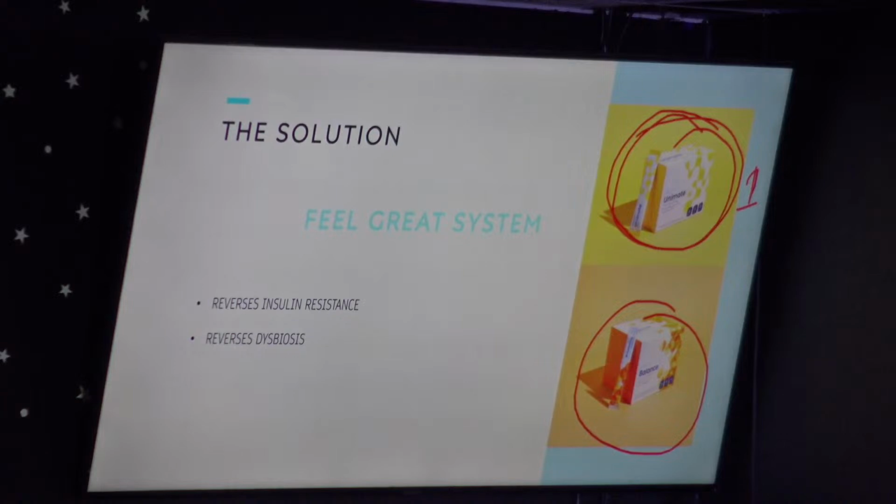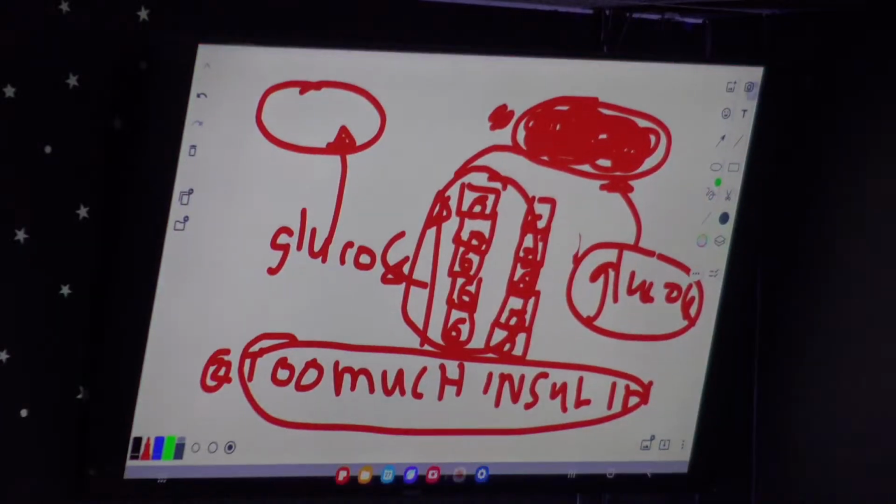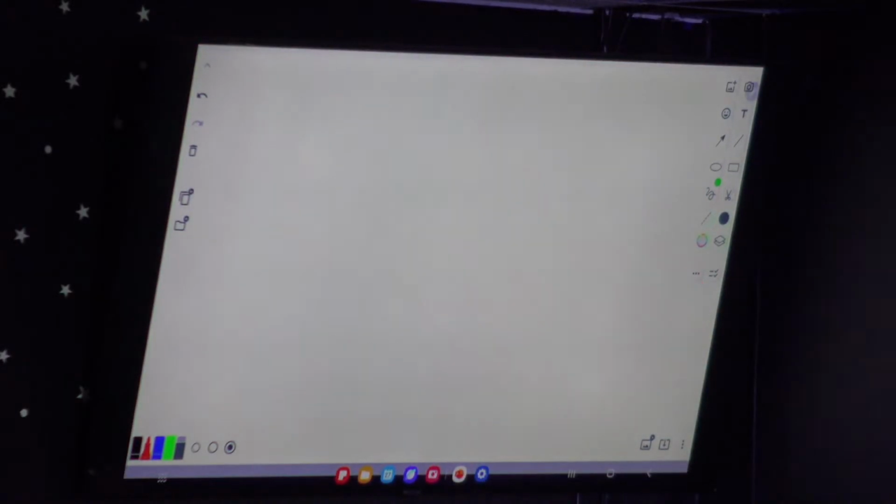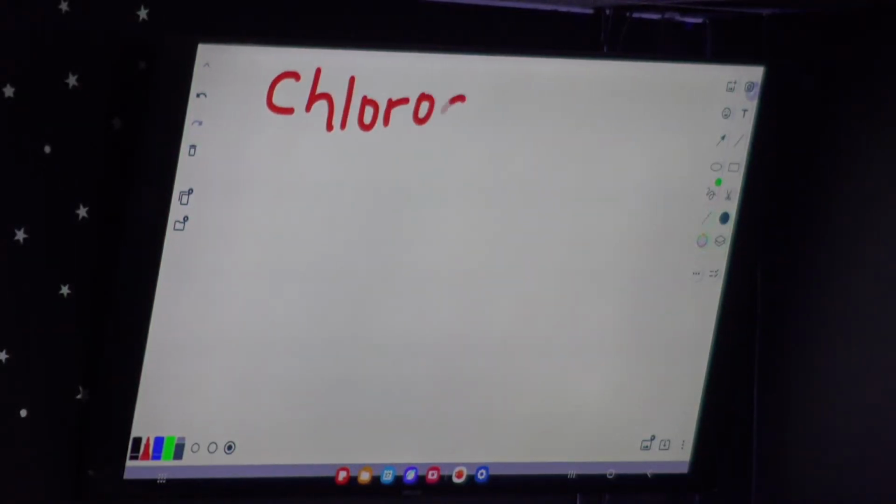But the great thing about this is it has no medicine in it. It is 100% plant-based. It's made from a plant native to South America called the yerba mate plant. And this plant is very rich in a very special phytonutrient called chlorogenic acid. Chlorogenic acid is a very important phytonutrient.